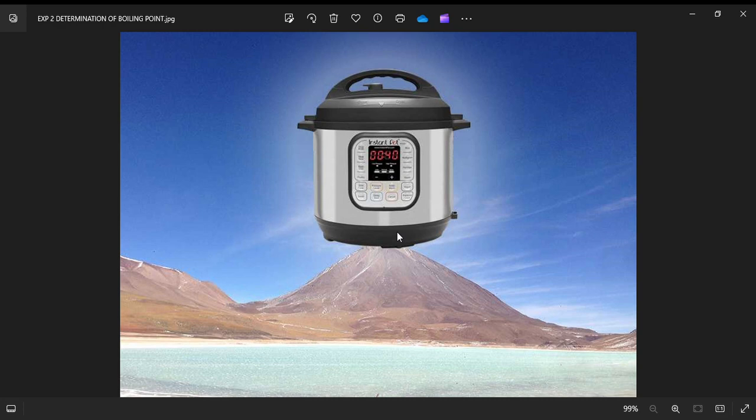takes place. And as a reminder, you should know that a pure sample or a pure liquid will boil normally at a very small temperature range.